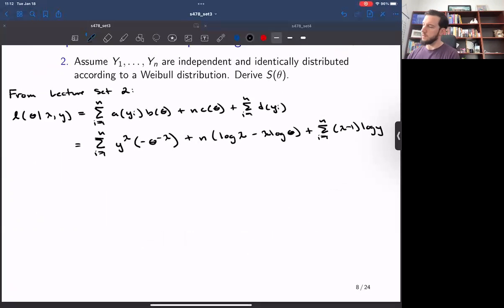All right. Now, given that we have the log likelihood function, there's actually a variety of ways that you can get to the solution. You could also find the log likelihood function by first computing the likelihood and then taking the log. So we can check this.